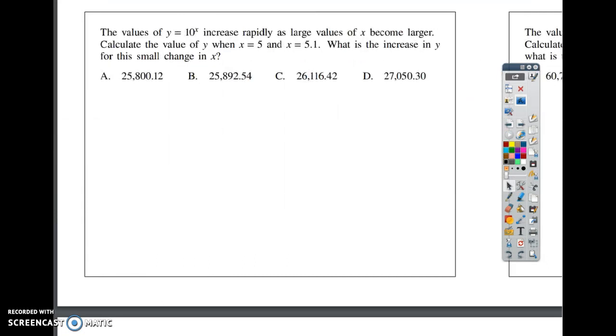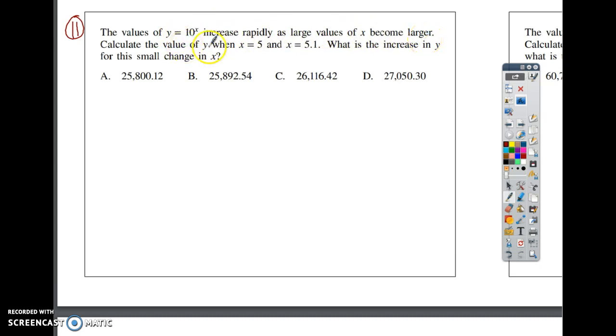This one's number 11 on your packet. And number 11 and 12 are very similar, so I'll do number 11 and you guys, you'll know how to do number 12. So right here it says the value of y equals 10 to the power of x increases rapidly as large values of x become larger.